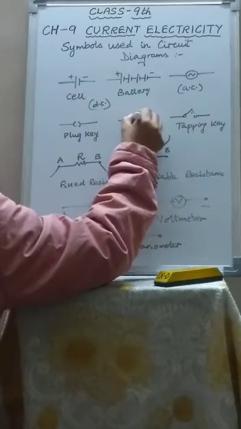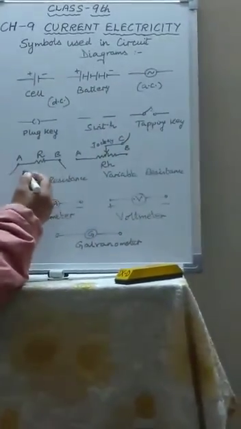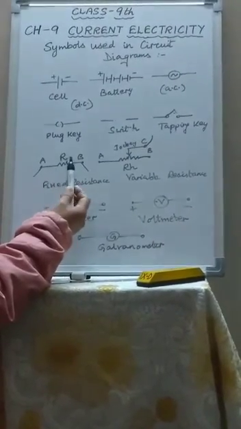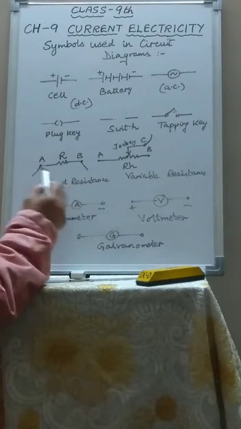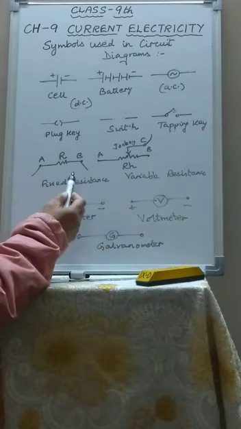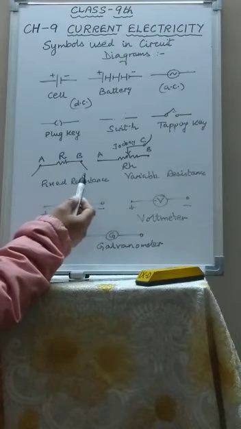Now the next is resistance wire. The resistance wire is generally made from an alloy called manganin, and it has a fixed resistance depending upon its length and thickness and is used as a standard resistance.